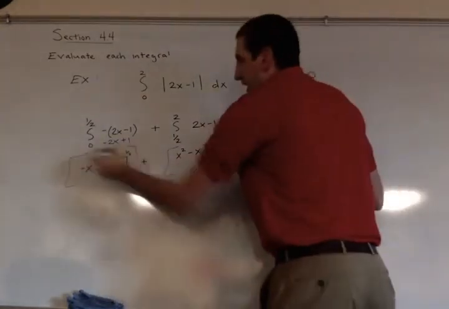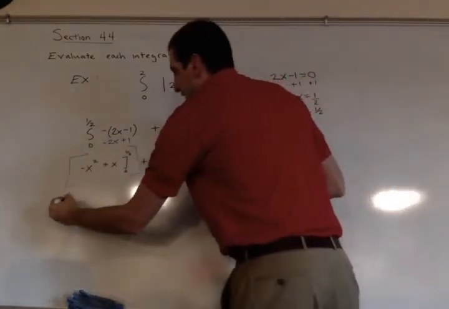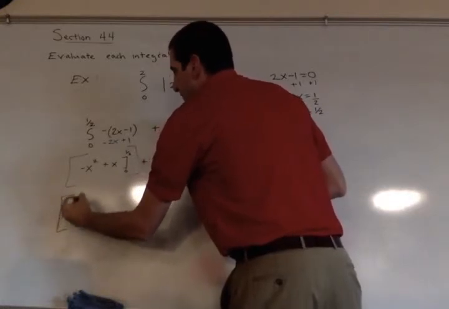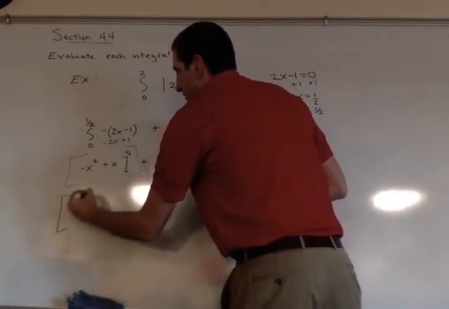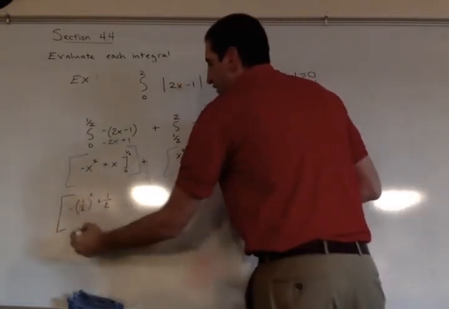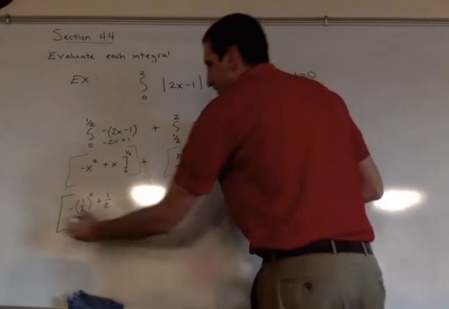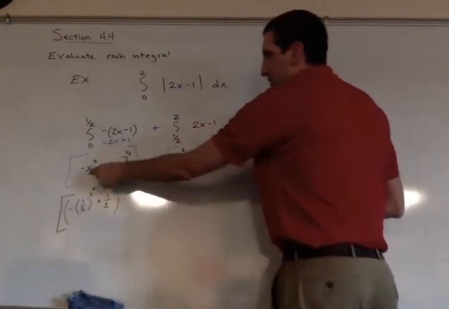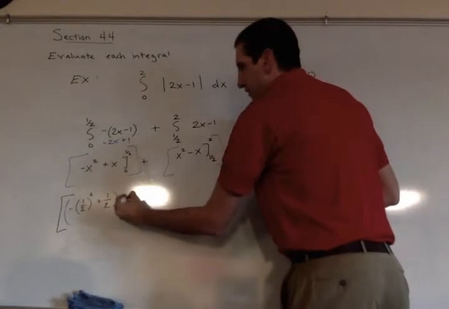So if I put 1/2 in for x squared, I've got negative outside the parentheses, 1/2 squared plus 1/2. If I put parentheses around that, that's just going to be minus 0. So I'll put 0 in for the x's, so I just have minus 0.